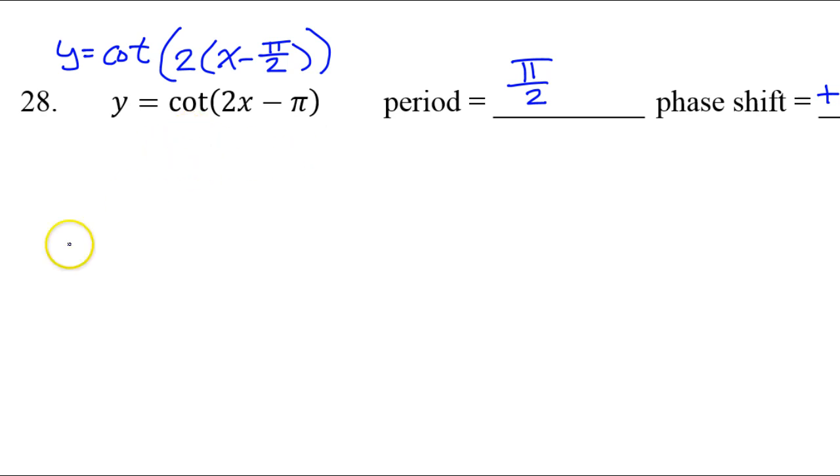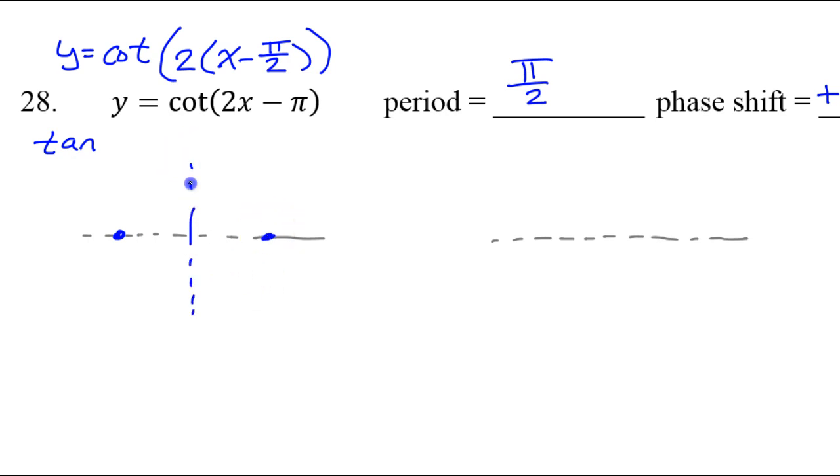Before I do the graph, let me just mention what we know about tangent and cotangent. Imagine that this is the midline. Alright, and here's another midline. For the tangent graph, one period of the tangent function will begin and end on the midline with an asymptote in the middle.